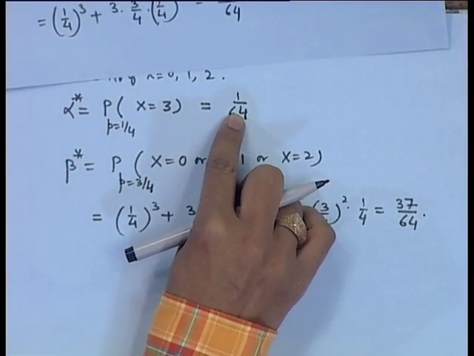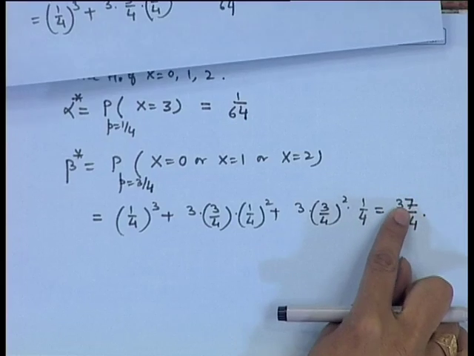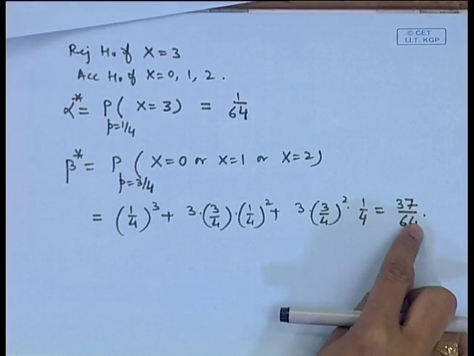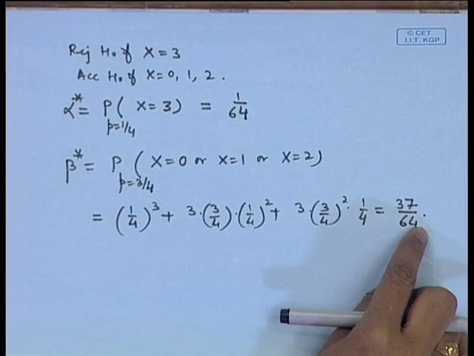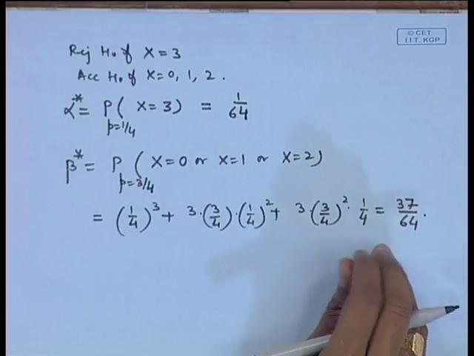but as a consequence of reducing the probability of type 1 error, the probability of type 2 error has shot up, it has become 37/64. So, this is the problem which I was mentioning, that if we try to reduce one type of error, the other type of error increases very much. Therefore, a compromise solution is that we keep a maximum level for one type of error.